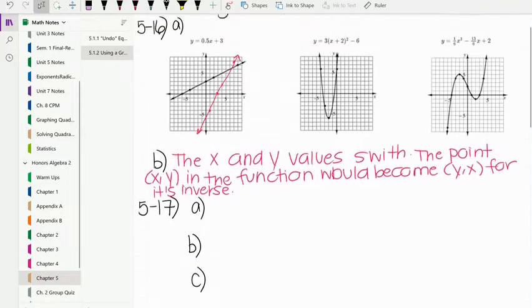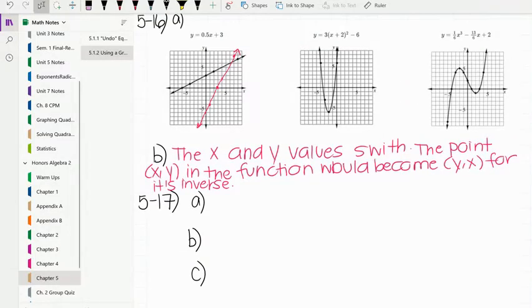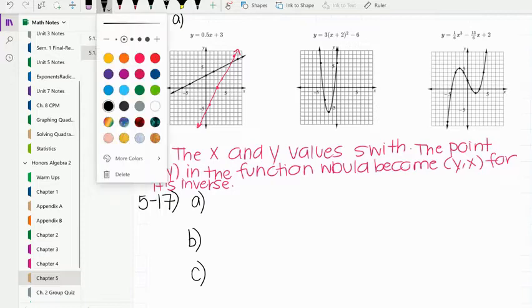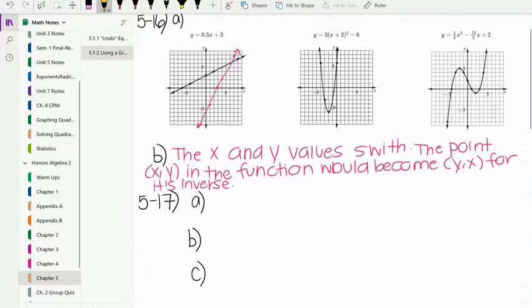I obviously only have my one graph, but you should have multiple. You should notice that there is a line of symmetry, and it happens to be the line y equals x. So if I reflect this across, I should get its inverse.